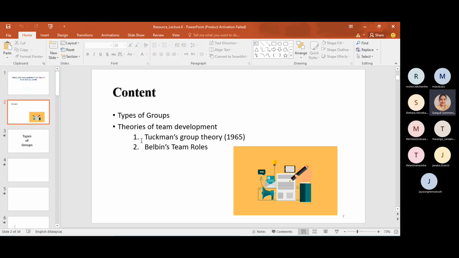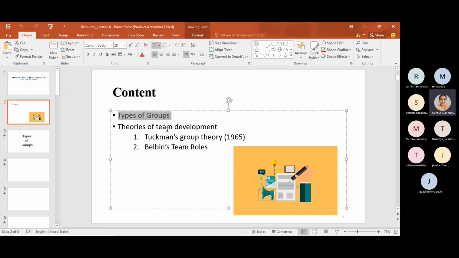First of all, we will discuss the types of groups, or the types of teams, because before we start discussing team development, you need to know what groups and teams are.